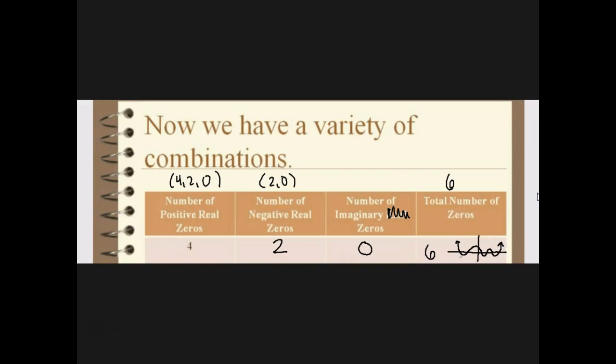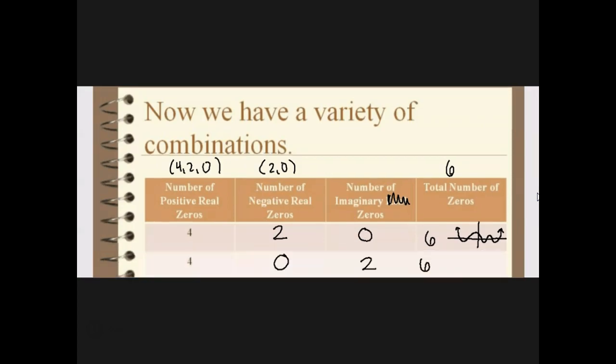The alternative is to keep 4 positive zeros, but have no negative zeros, which means we'd have 2 imaginary.